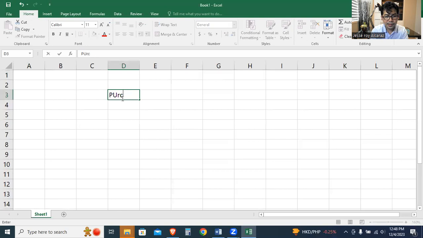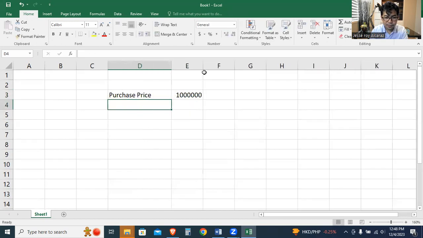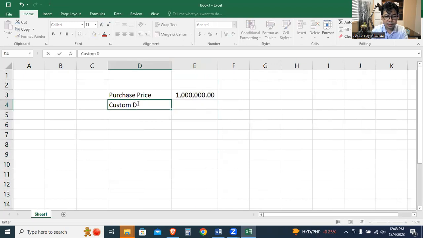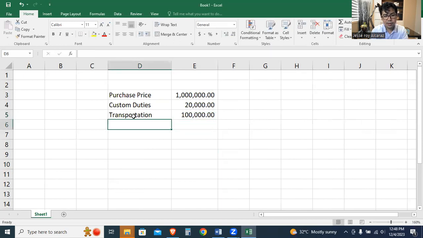Okay, purchase price. Medyo layo na ako microphone. No? Purchase price, 1 million pesos. Custom duties, 20,000 pesos. Transportation, another 100,000 pesos. And sa pa ba?